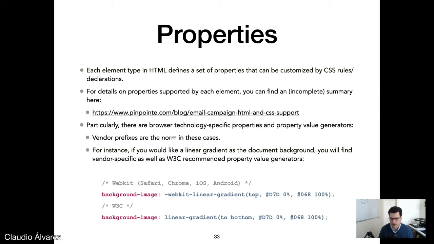So there are properties that are supported by all elements. There are a few specific rules that are supported, for instance, by form elements. And there are some browser or technology specific properties and value generators that are commonly specified by using a vendor prefix. You see below 2 examples about this.